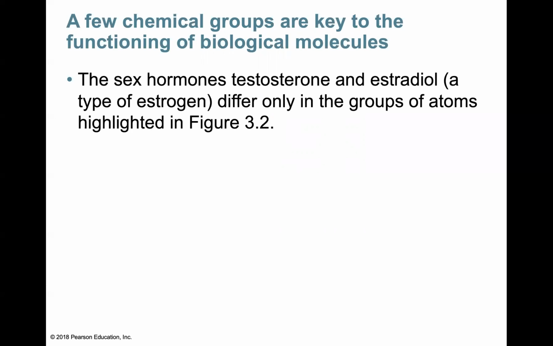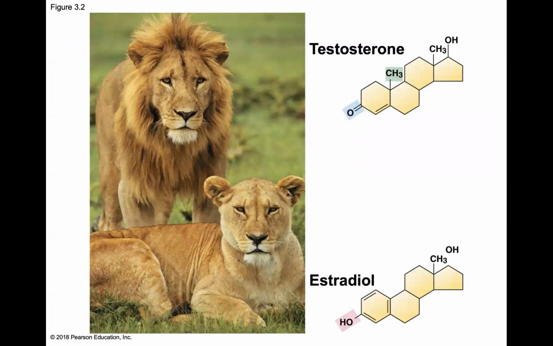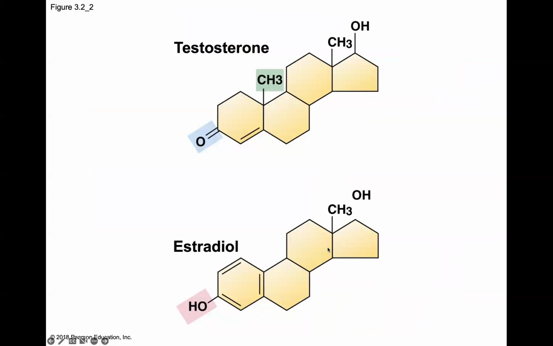We'll see throughout this lesson how the structures of these compounds can change what they are. In this case, we see testosterone and we see estradiol. The only difference here is this hydroxyl group in the estradiol.